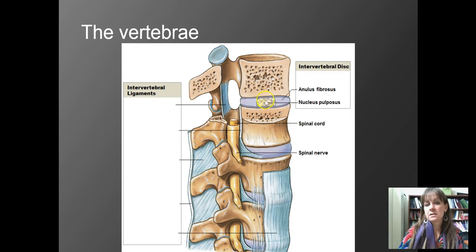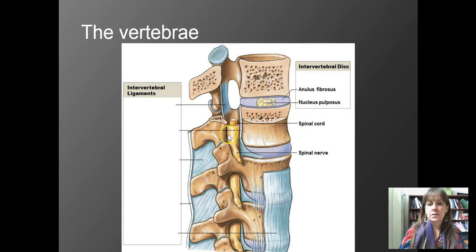So what this means is that it has a little bit of give, but also the fibrocartilage makes it quite strong, so it will resist compression as your body holds up its entire weight, as that vertebral column holds up the body's entire weight over the lifetime of an individual. And so as a reminder, this is a symphysis joint because we're talking about fibrocartilage.